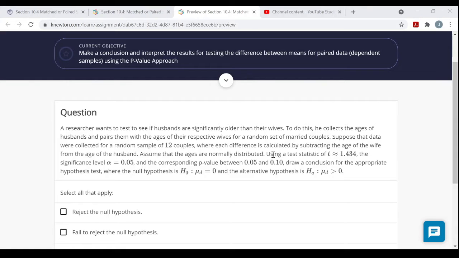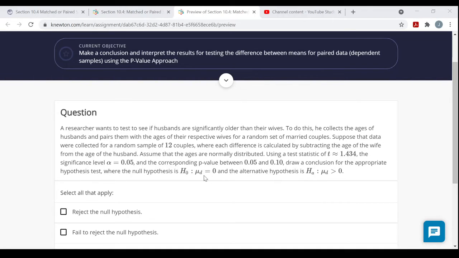Now, they're giving us a lot of information here. They're saying, using a test statistic of t equals 1.434, the significance level alpha of 5%, and the corresponding p-value between 0.05 and 0.1. Draw a conclusion for the appropriate hypothesis test, where the null hypothesis is that the mean difference in ages between husbands and wives for all couples is 0.